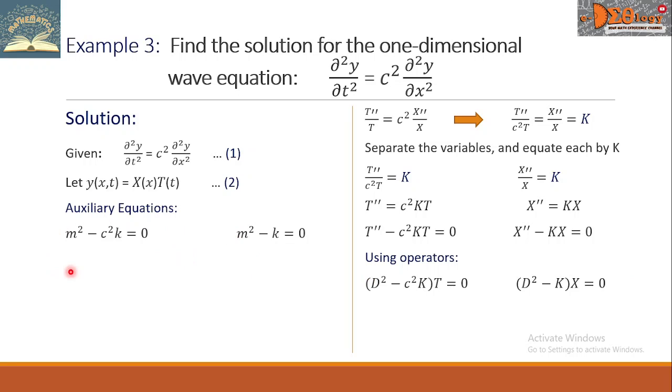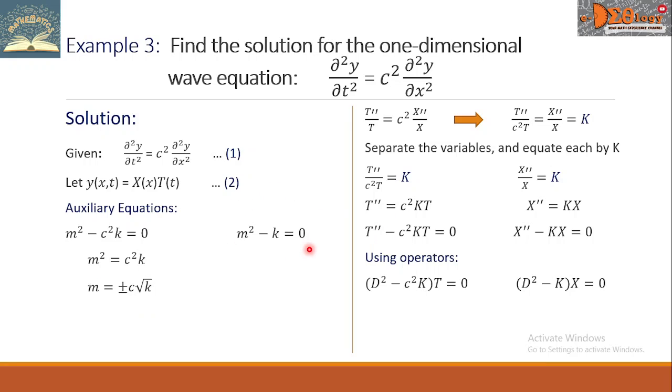Now let us solve for the m respectively. In the first equation, this negative c squared k we transpose to the right. The value of m now equals plus or minus c times the square root of k.